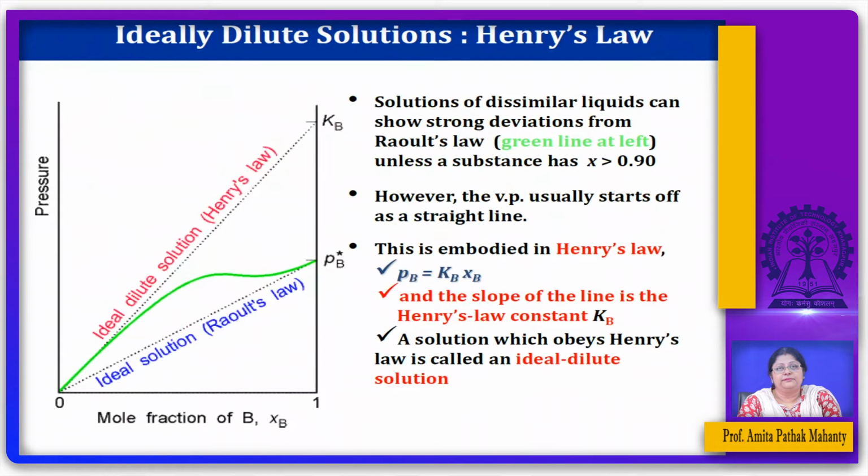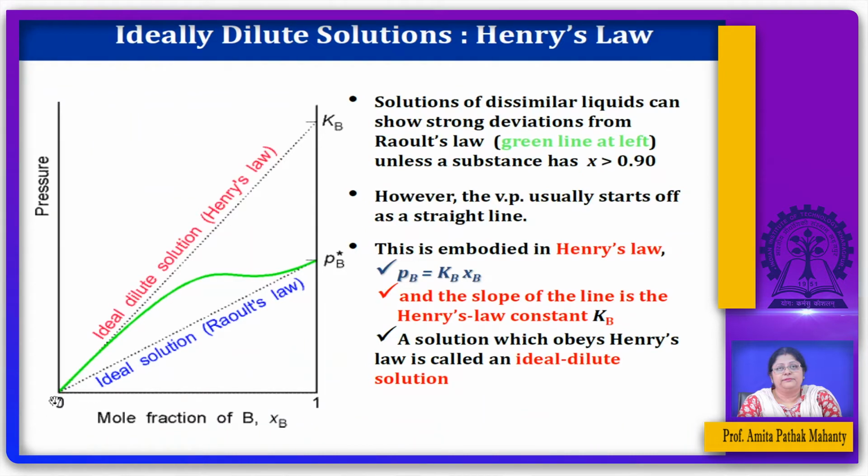Now, what is going to happen if you have dissimilar liquids? Then we have a strong deviation from Raoult's law. For an ideal solution, the solute and the solvent in a mixture will follow Raoult's law.